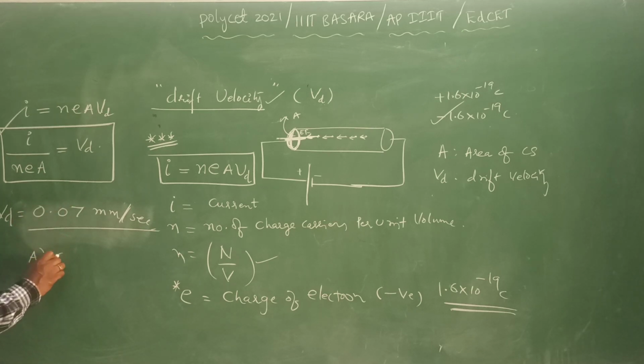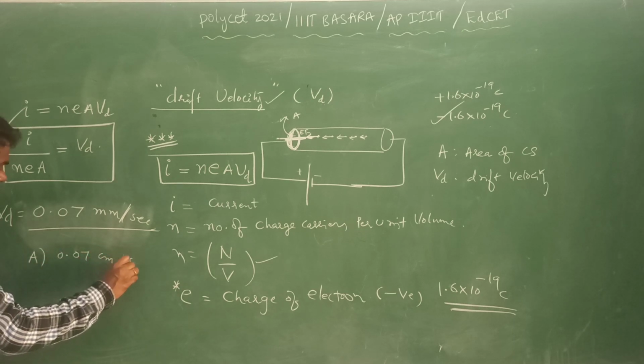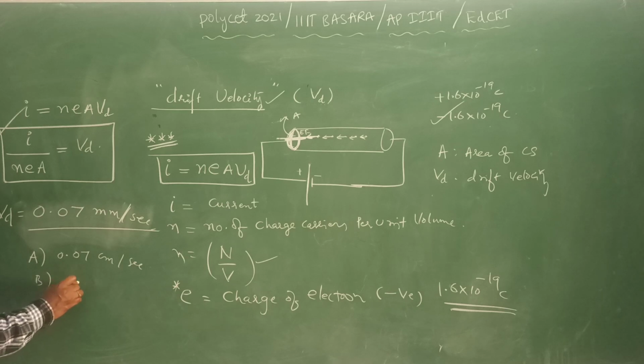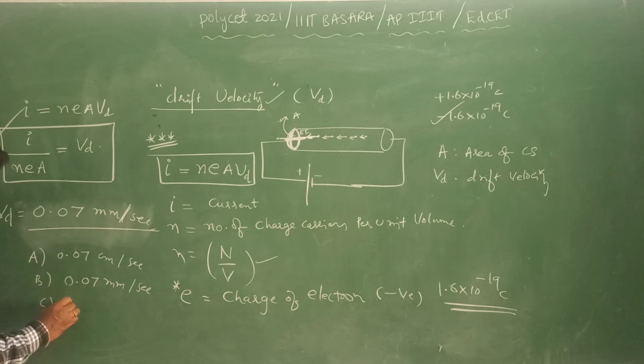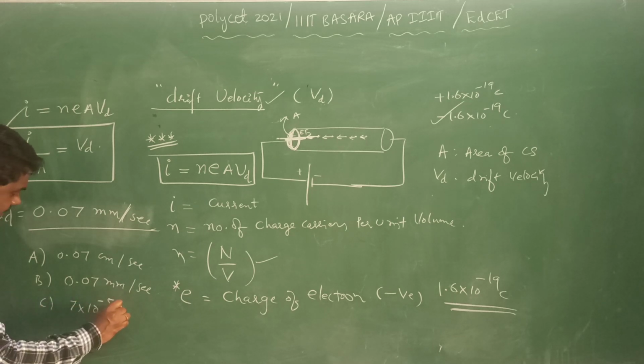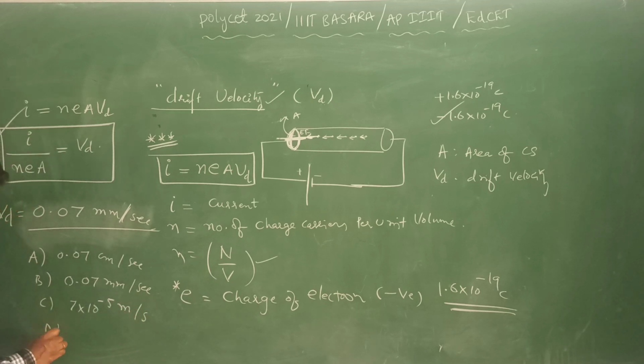The options are: A, 0.07 centimeter per second; B, 0.07 millimeter per second; C, 7 into 10 power minus 5 meter per second; and D, B and C. What is the drift velocity for a copper wire? 0.07 centimeter per second is wrong. 0.07 millimeter per second is correct, as we just discussed. And in another option, B and C is also there. So B is correct.